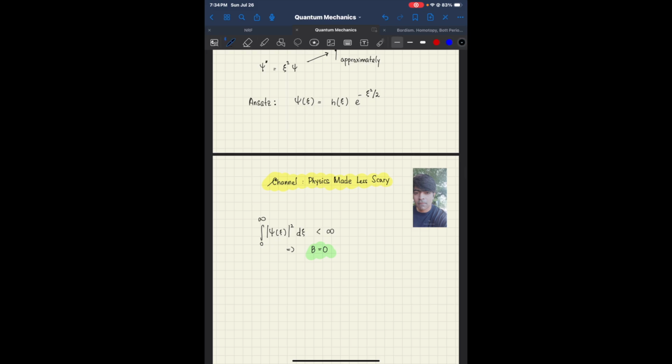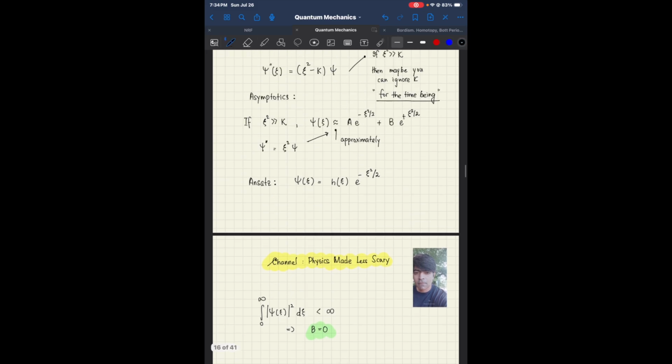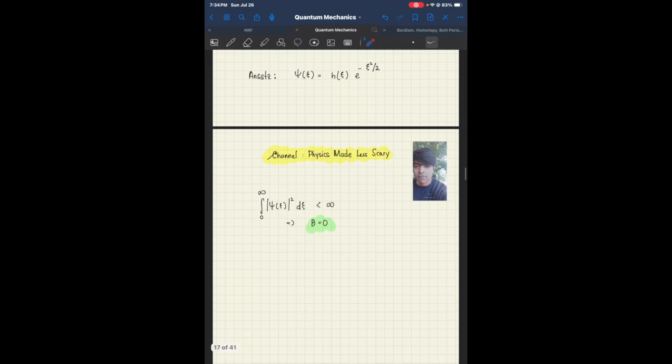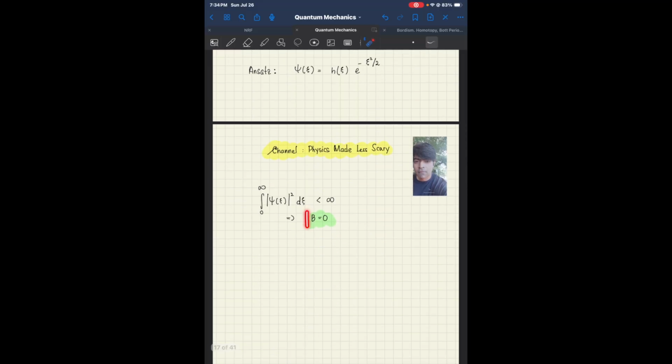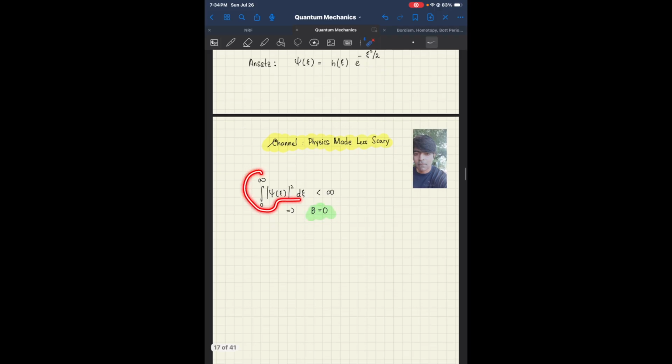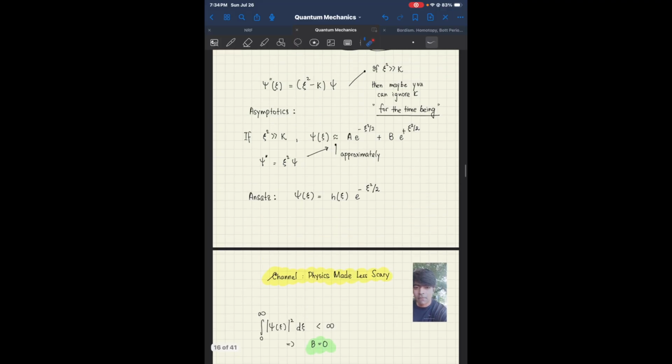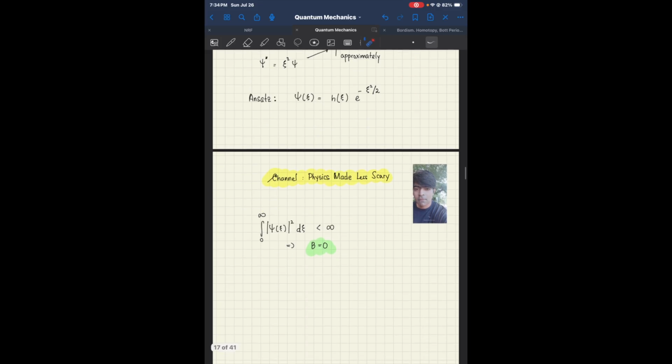And this is an important point in physics. See, the maths will never set b equal to 0 for you. It's you as a physicist that have to set b equal to 0. It's an outside input because you demand this extra condition on the normalizability of the wave functions. The maths will pop out for you both these solutions, a non-zero and b non-zero. So this is where you as a physicist need to do a bit more than just mathematics, right? This is physics.